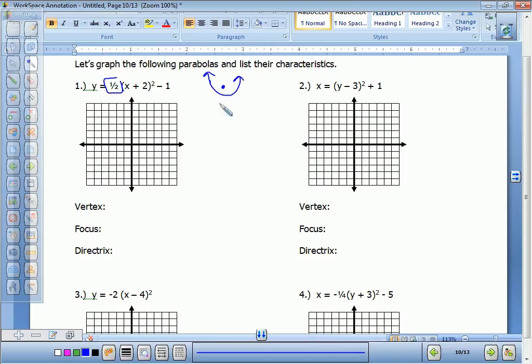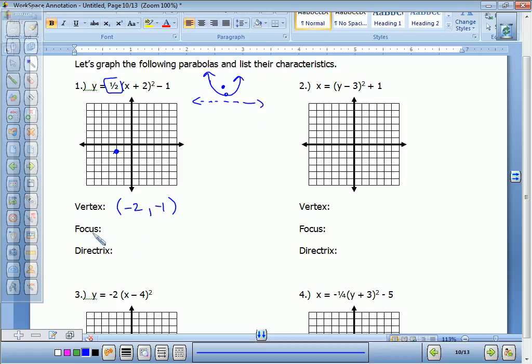So we know the focus has to be here, so the directrix has to be down here. So we kind of know before we ever graph it what it should look like. General idea. So where is the vertex of this particular parabola? Negative 2, negative 1. That's where we'll start. Now, I'm going to show you how to graph this by finding P.